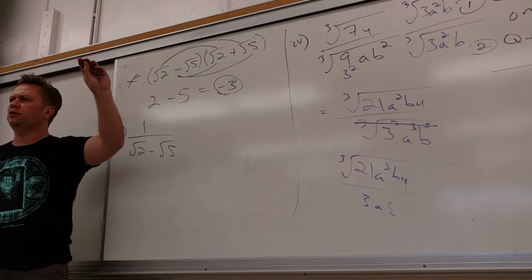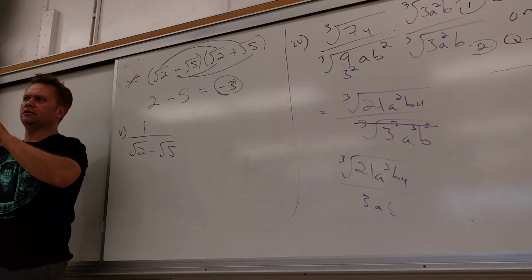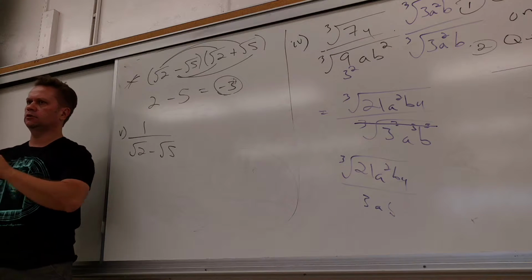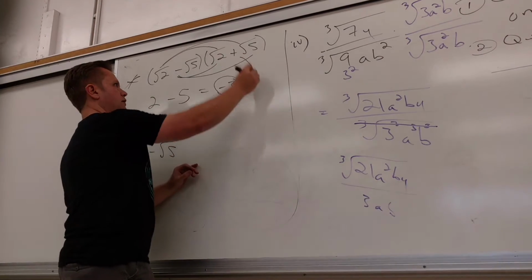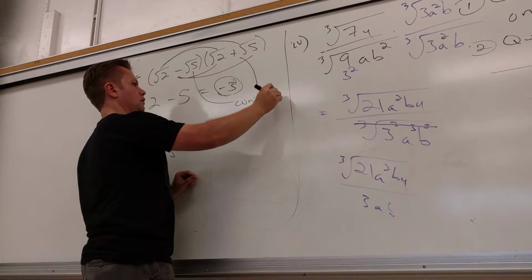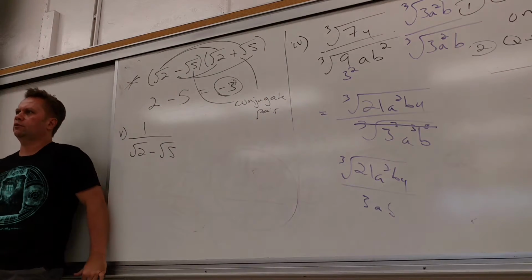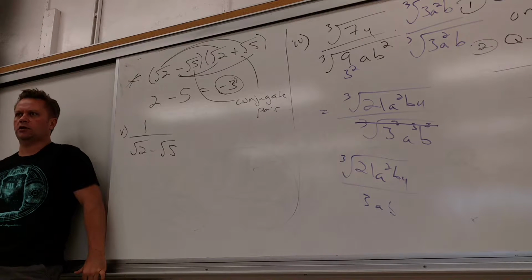It's called the conjugate. So this is a conjugate pair. I don't know why we use that word. It's like if you take a foreign language, you conjugate your verbs, but it's got nothing to do with that.